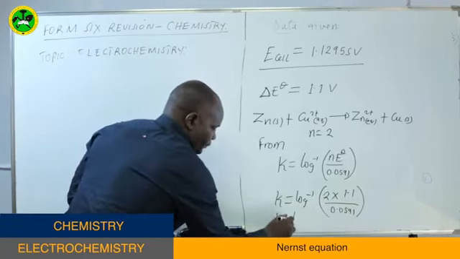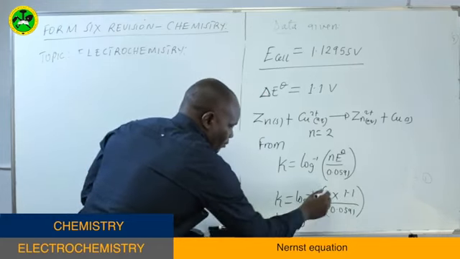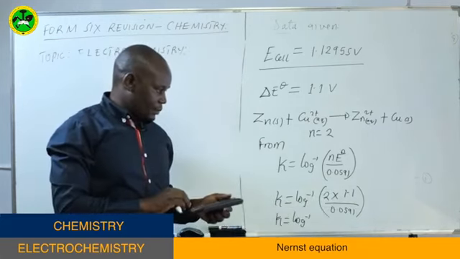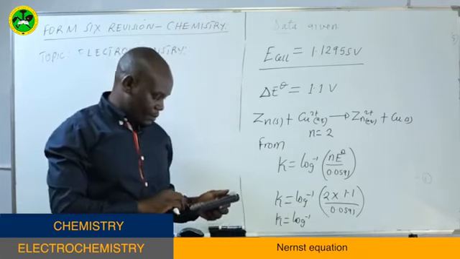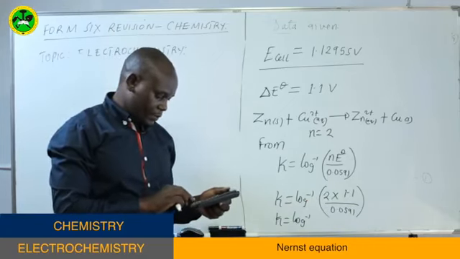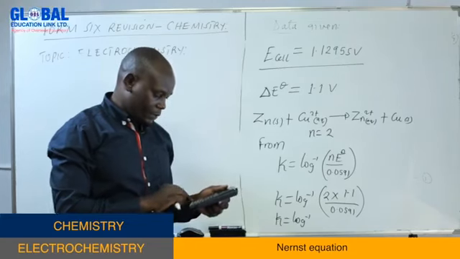Now use your calculator to calculate the product: 2 times 1.1, then divided by 0.0591.